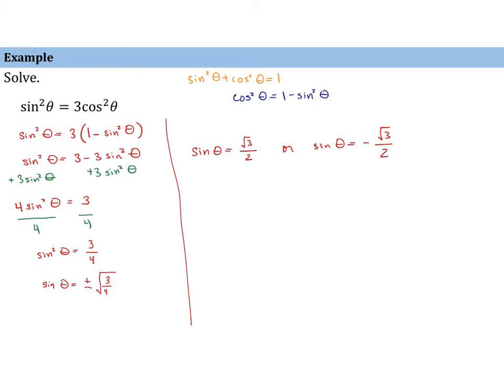In sine of theta equals root 3 over 2, that itself could be in quadrant 1 or quadrant 2. But the reference angle for both of these is going to be, if we ignore the negative, just look at square root of 3 over 2, what angle has a sine of square root of 3 over 2 that's acute? And it is pi/3.